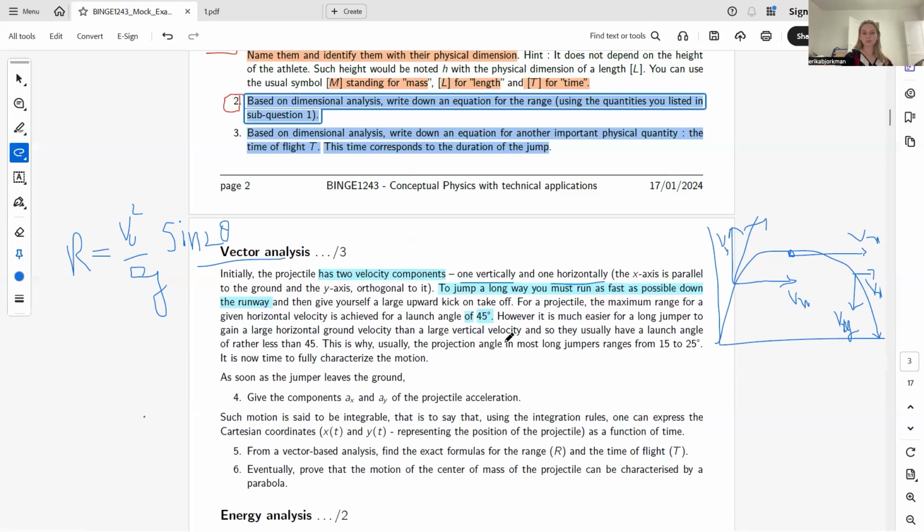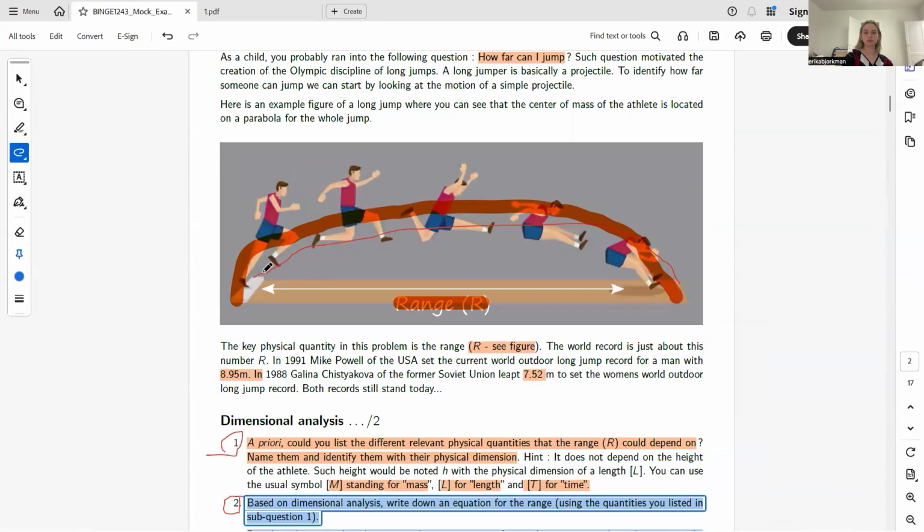So here they are saying this is why usually the projection angle in most long jumps ranges from 15 to 25 degrees. Also in the diagram you can consider this is not the angle 45.